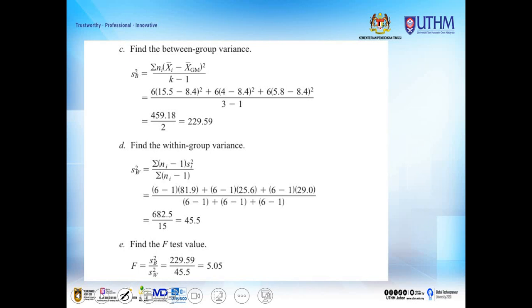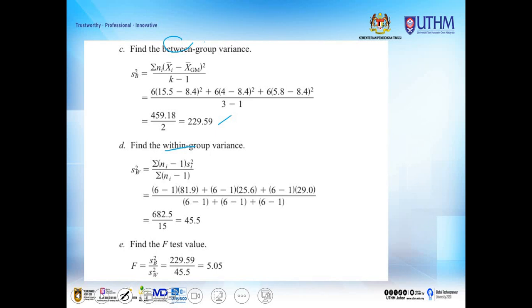Now we want to identify the variance between the groups, which is the sum of n times the squared difference: 6 times (15.5 minus 8.4) squared, plus 6 times (4 minus 8.4) squared, plus 6 times (5.8 minus 8.4) squared. When you do this, you will get 229.59.